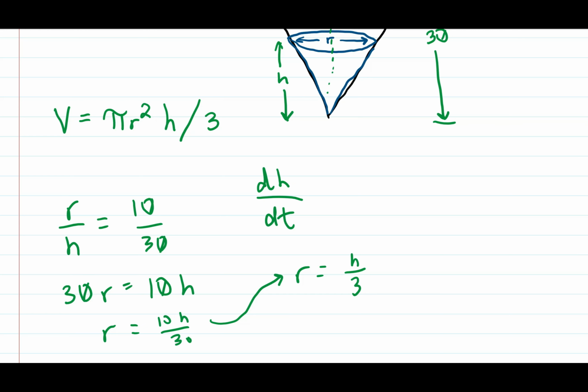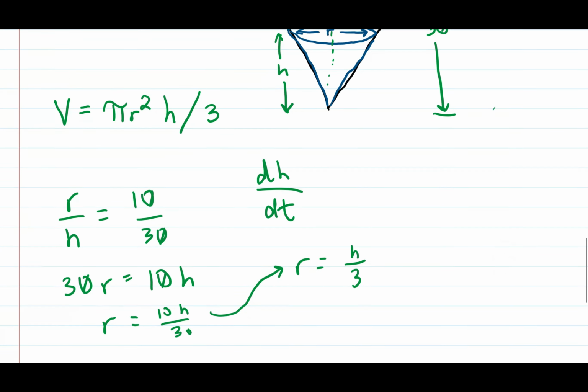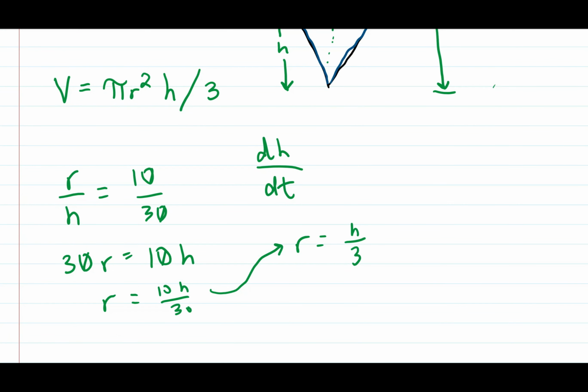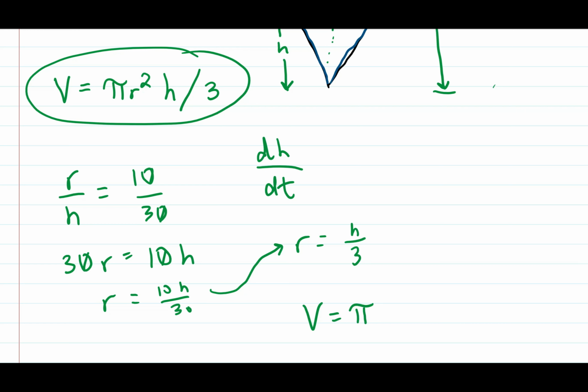All right, so now we can get rid of the R from that other equation that we had up here. So now we can have V is equal to pi, and instead of R, we can do H over 3 squared, and then we go ahead and say, okay, times H over 3.